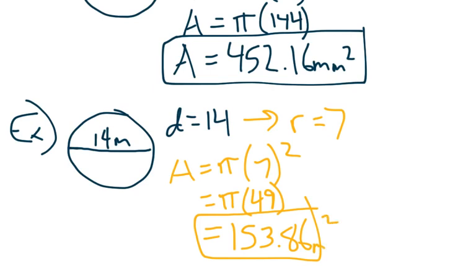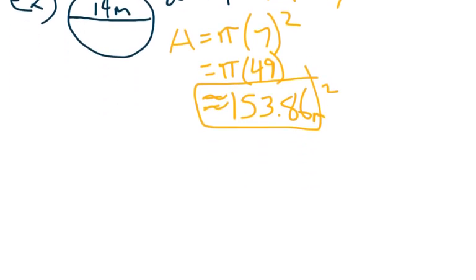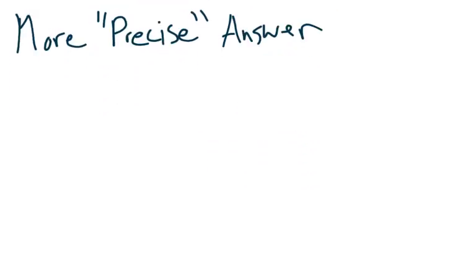And now this brings up kind of an interesting divide. Technically what we have done is come up with approximations. So really I should be using approximately equals. If we want to do something a little more precise, we're going to, and this is a fancy phrase here, leave it in terms of pi.